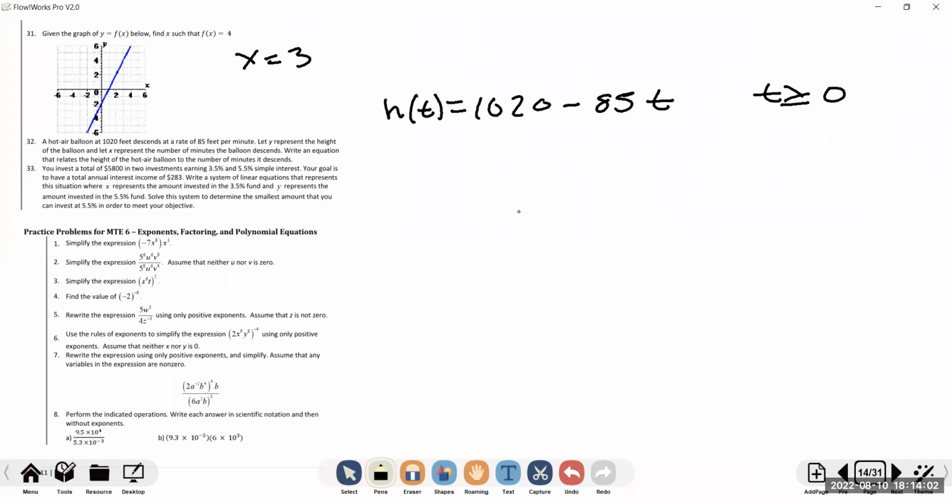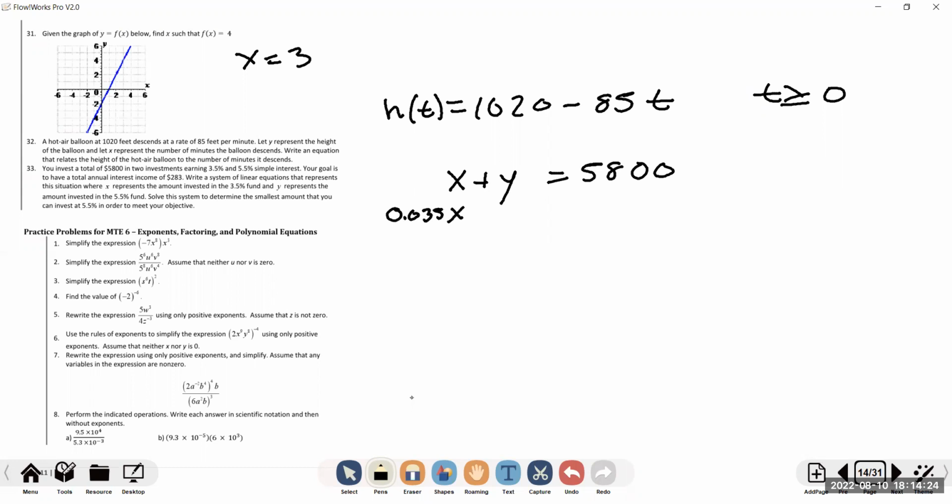You invest a total of $5,800 in 2 investments. So that's going to be my first equation, that the total of my 2 investments is $5,800. The first investment earns 3.5% interest.